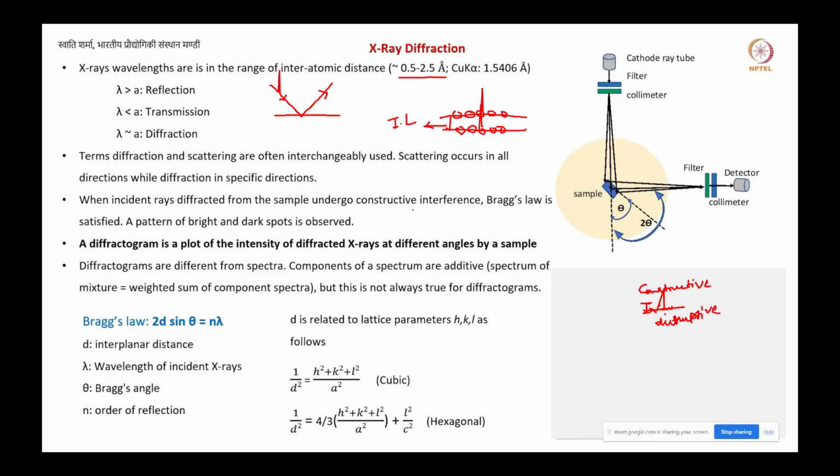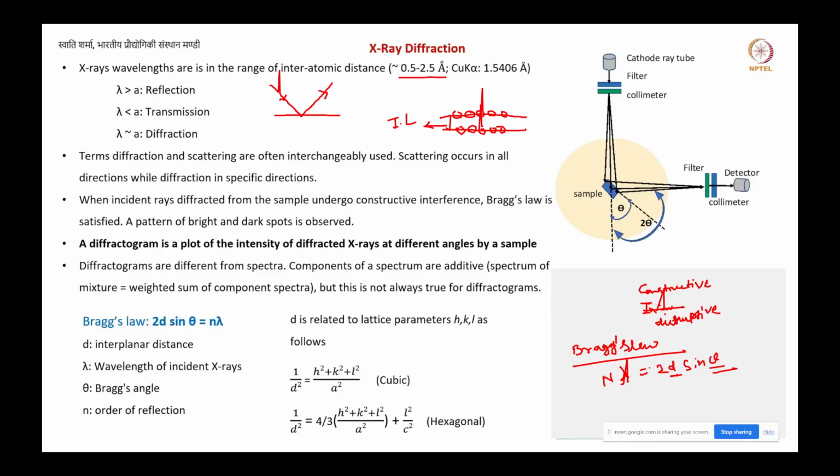So it should be constructive interference, and it should also follow Bragg's law. So what is Bragg's law? Bragg's law is defined by n lambda equals 2d sine theta. Theta is your diffraction angle, lambda is your wavelength, and d is the distance between your interatomic spacing.